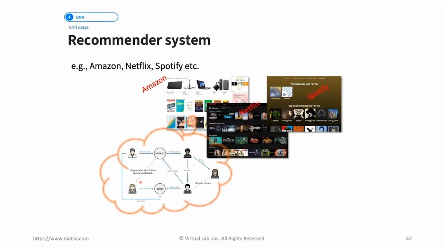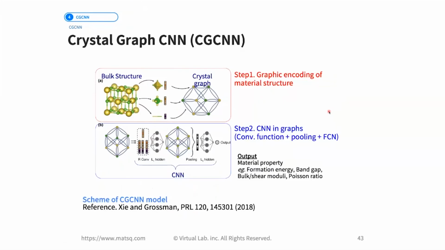And if B also subscribes to this station, Amazon or some other seller tries to recommend this product to her. This is a kind of recommender system. This is also based on GNN technology. Netflix or Spotify uses the same procedure. I want to explain more deeply, but there is not enough time today.